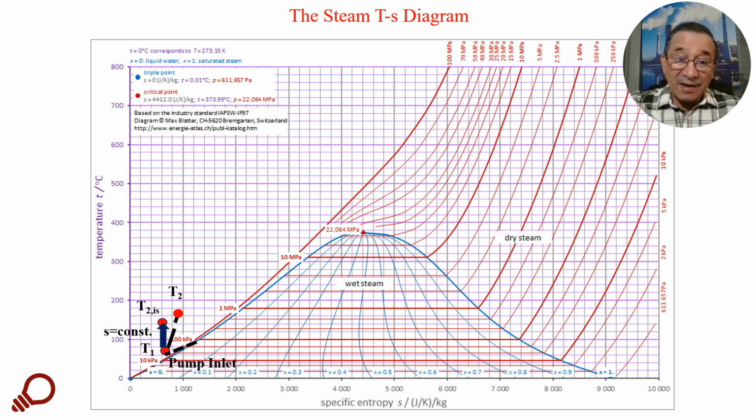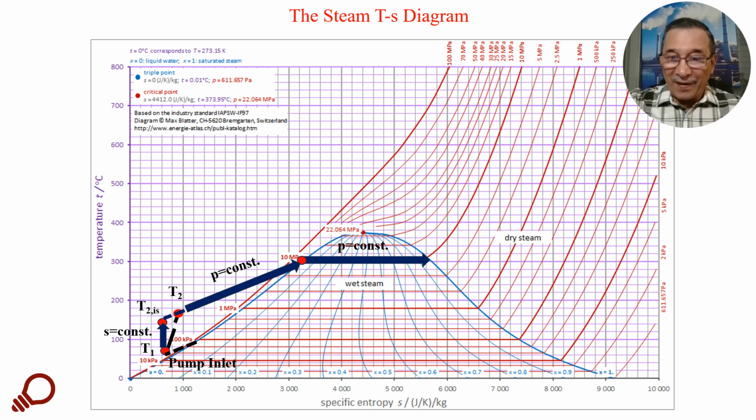In the actual term, the operation through the pump will follow the curve, the black dotted line, to reach a temperature T2, and that will be at a constant pressure, where the inlet at the boiler is T2, and it passes at constant pressure, extracting energy, heated up until it approaches the saturated value of the liquid, where here we can get liquid and vapor phases as we continue to heat up the liquid.